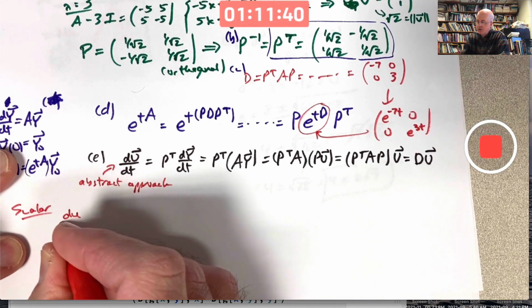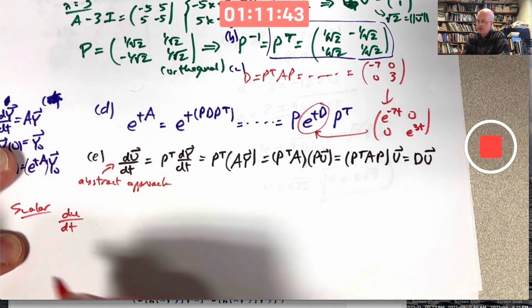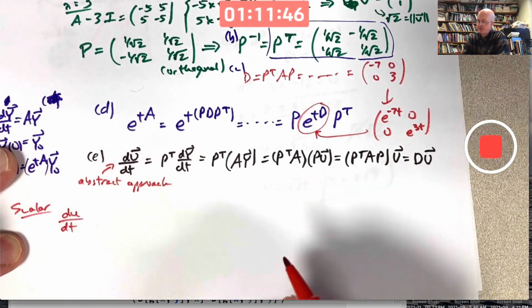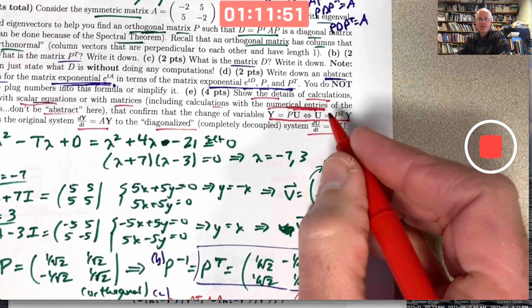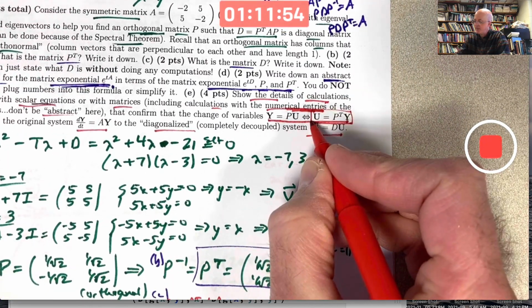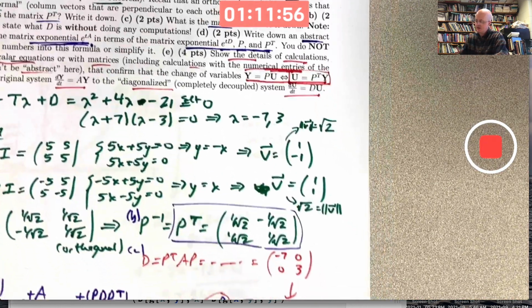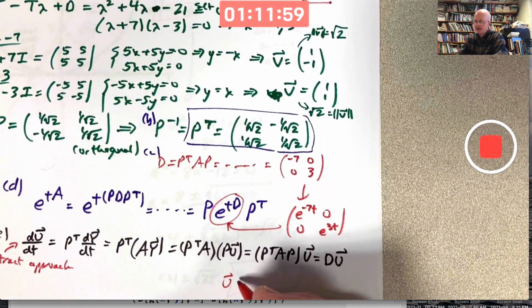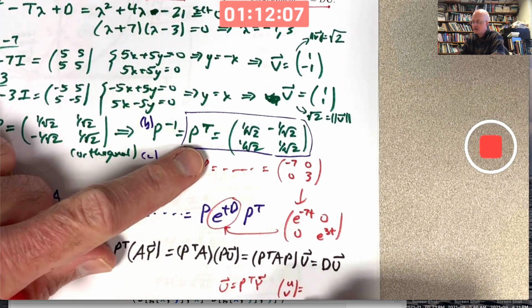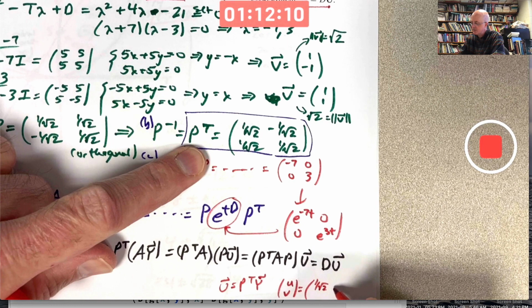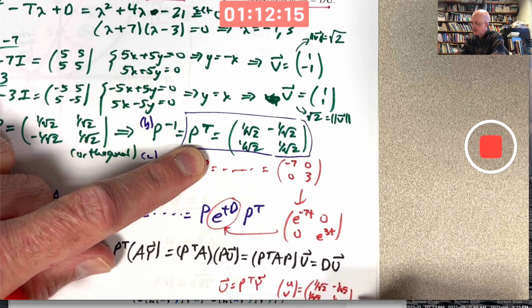I'm going to have a lowercase variable u and a lowercase variable v, say, as the components of the vector capital U. du dt, where does that come from? That comes from the fact that U is P transpose times y. In other words, the vector whose components are u, v is P transpose, this matrix here, 1 over root 2, negative 1 over root 2, 1 over root 2, 1 over root 2, times a vector whose components are, say, little x and little y.